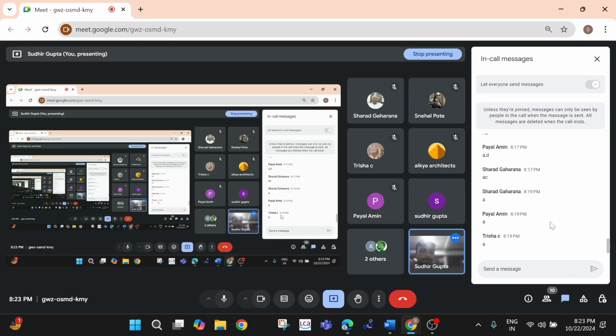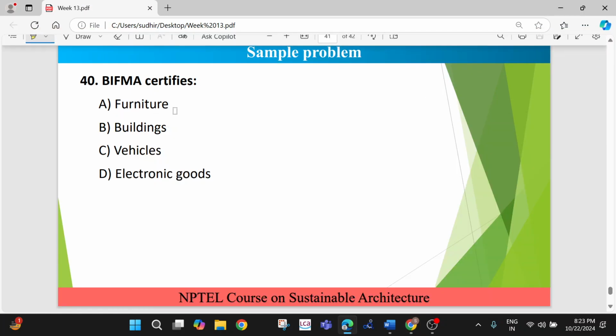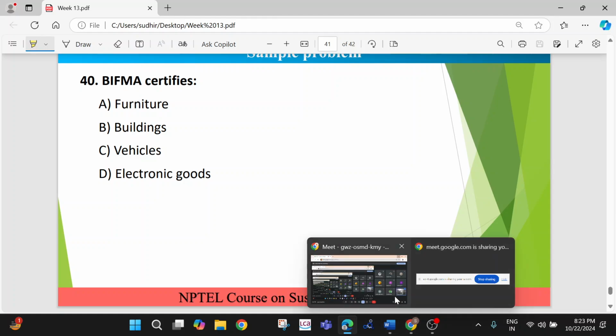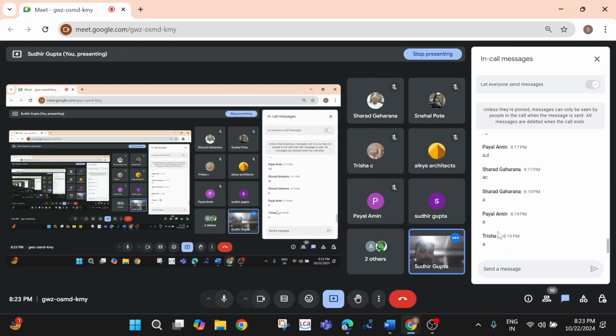Anybody knows the answer? Or should I write it in the text chat box? This BIFMA certification refers to the Business and Institutional Furniture Manufacturer Association.